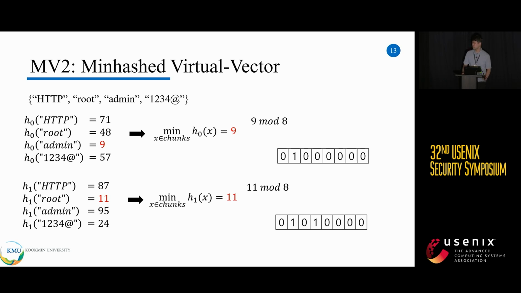Then the first index is turned into 1. And we repeat this for all hash functions. Because of MinHash, we can perform vectorization independent of the number of chunks, as well as satisfying the property of the Jaccard index.